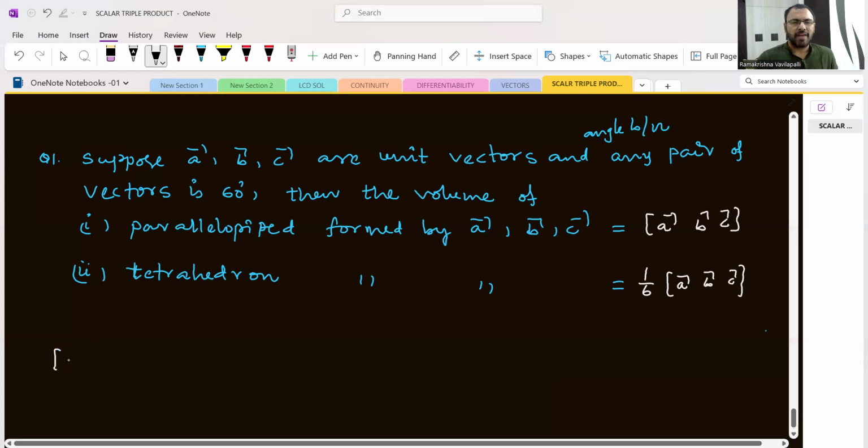So we have that box ABC whole square formula.